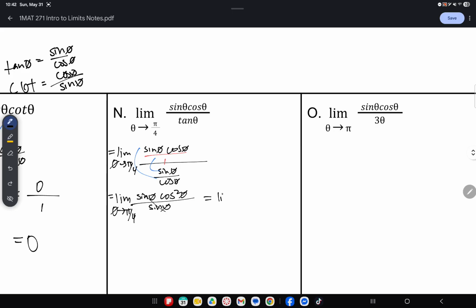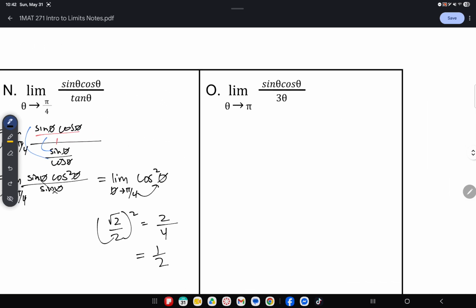That can cancel out. So then pi over 4, I can do a direct substitution in now. Cosine of pi over 4 is the square root of 2 over 2. And then I can square that. So 2 over 4 to get 1/2.